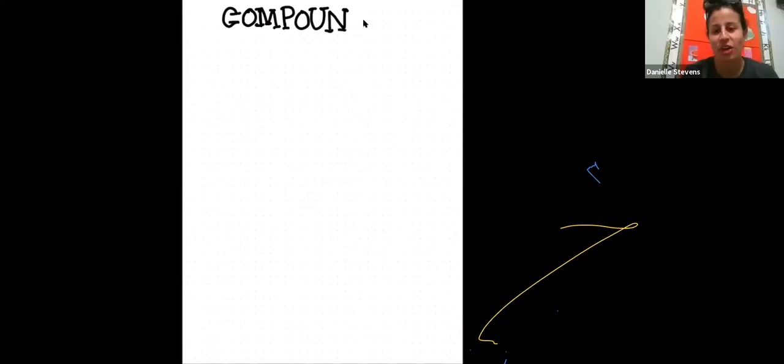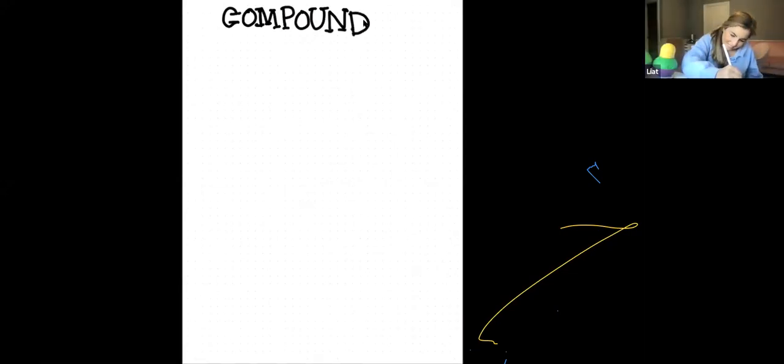Just note for you, if you ever want to make your handwriting look cute, you just do this. You put these little lines. That's a solid throwback to middle school, like late 90s.